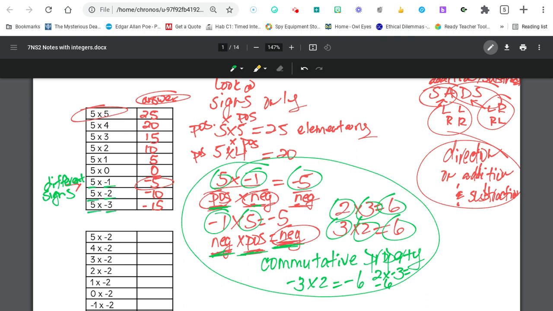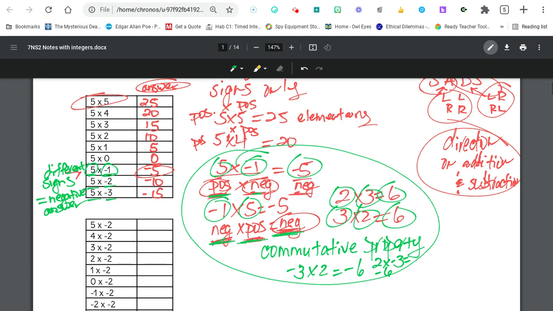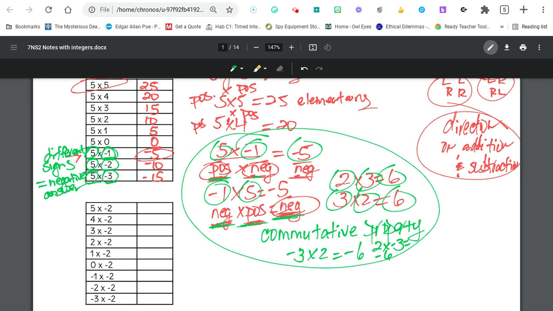And remember, it doesn't matter if we switch these around. We can do that with the commutative property. That's what it looks like for multiplication. So I could have done negative 1 times 5, or negative 2 times 5, or negative 3 times 5. They just got different signs.